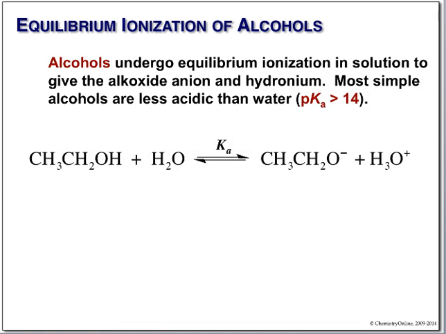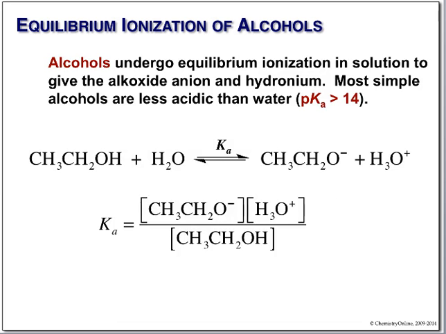As you recall from general chemistry, the expression for the equilibrium constant looks like this: products over reactants. For ethanol, this equilibrium constant is about 10 to the minus 16. Now with water, this was 10 to the minus 14, wasn't it? So they're very close.